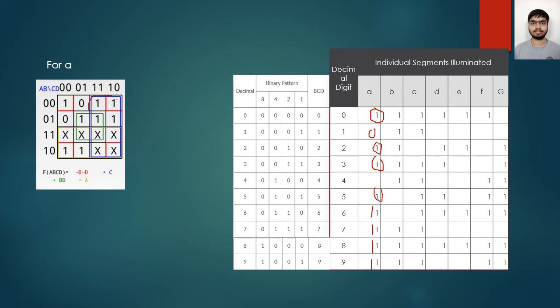This is one group of 8 elements, in which A, B, and D change and the element which remains the same is C. So here we have C. Then we can make another group, in which B isn't changed and D isn't changed. This one will give us BD.